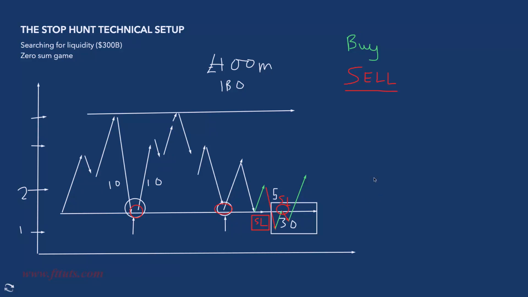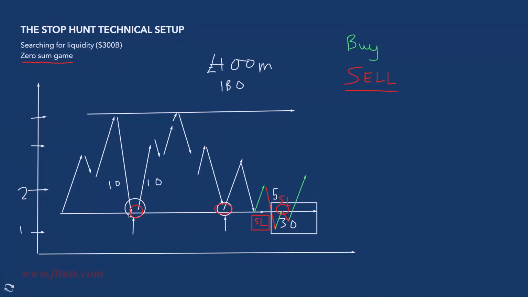If they lose, then the entity on the other side of the trade wins. So again, it's the zero-sum game, all in effect around this area here, taking advantage of the breakout trader, the retracement trader, and the level trader, right?